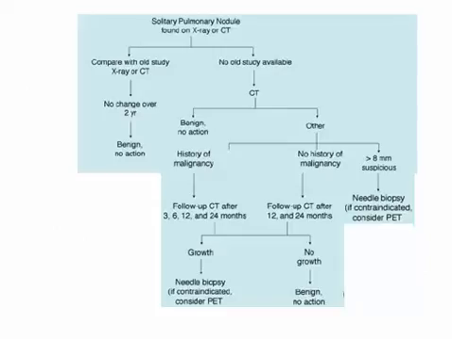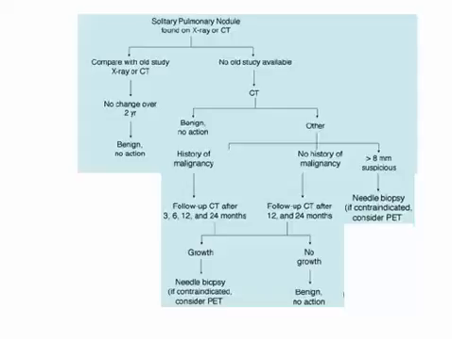This is the algorithm used to follow a solitary pulmonary nodule. If found on X-ray or CT, compare with previous. If no change within 2 years, ignore. If there is no old study, you do CT.